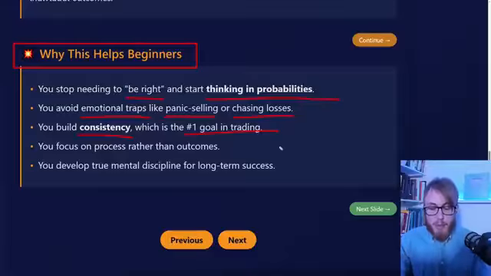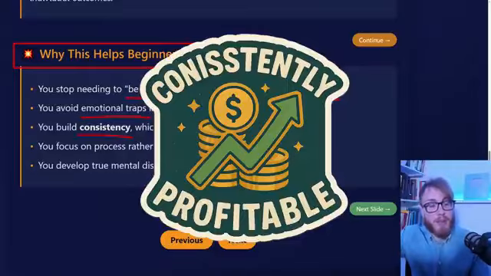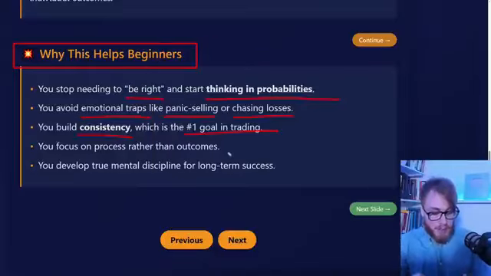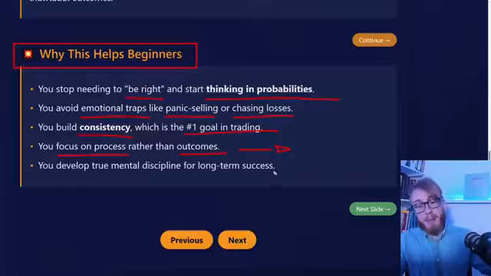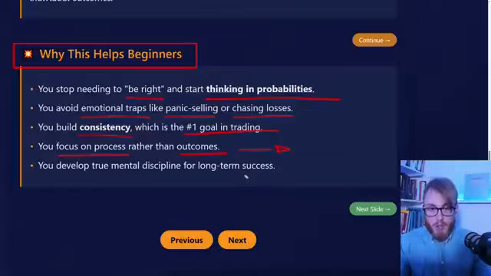You will also build consistency, which is the #1 goal in trading. As traders, if we want to be consistently profitable, we of course need consistency. Here, also very important, focus on the process rather than the outcome. This principle, by the way, can be applied to pretty much all things in life, in my opinion. You want to focus on what's in your control.